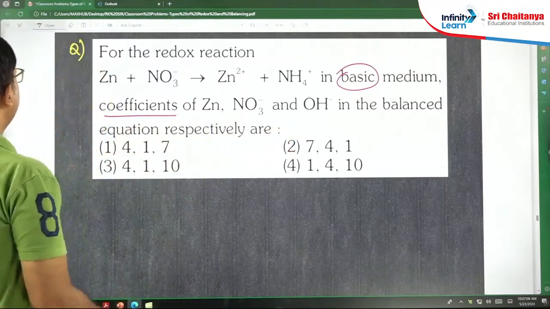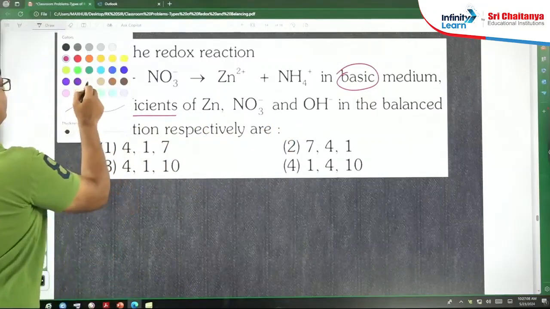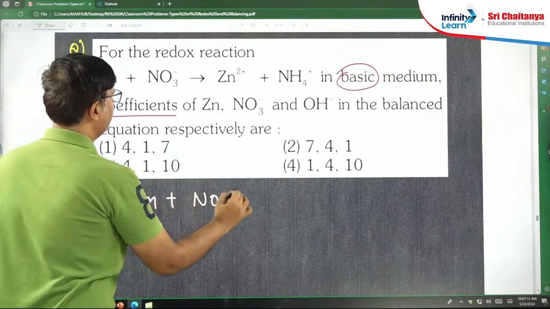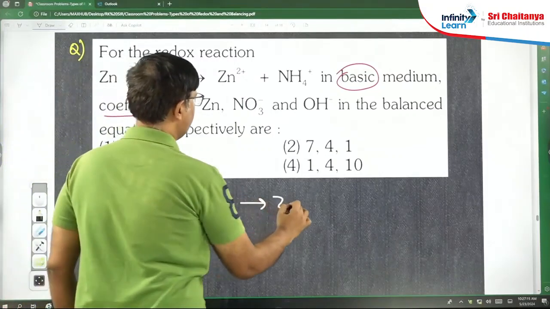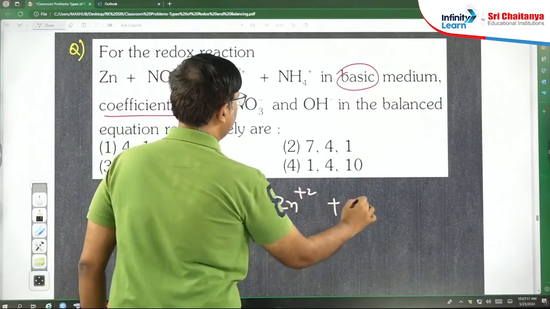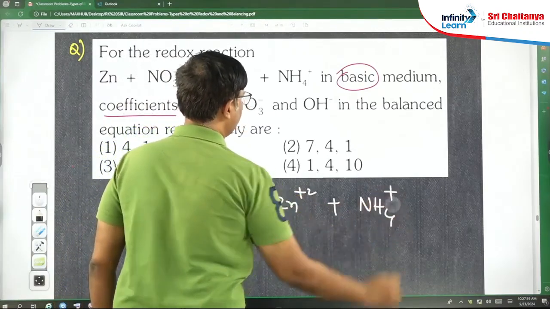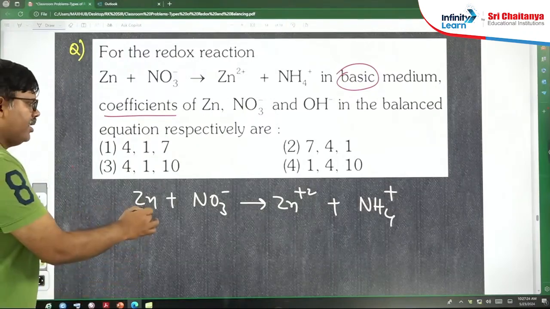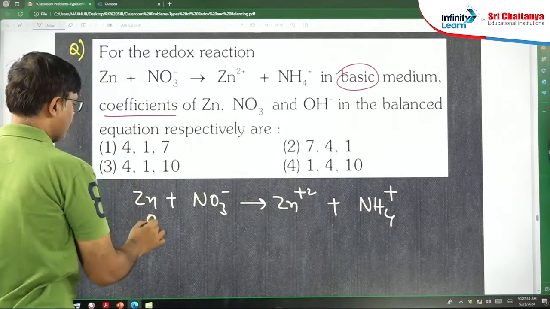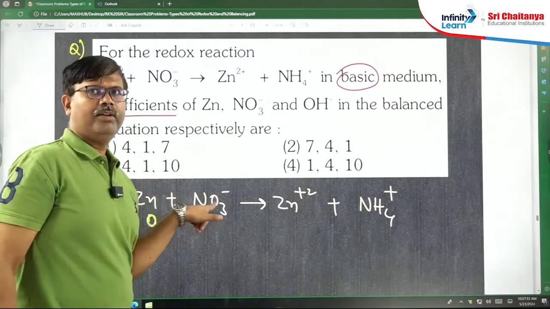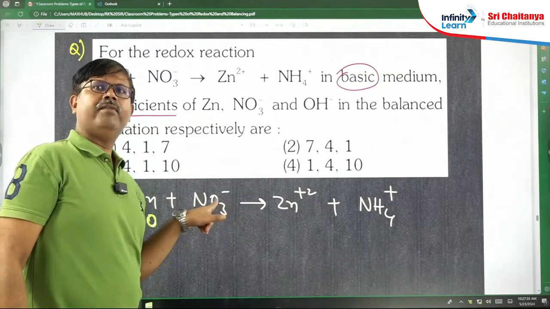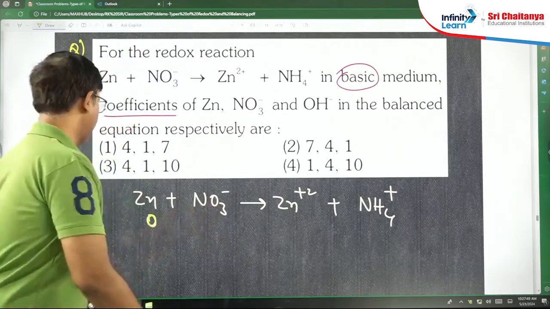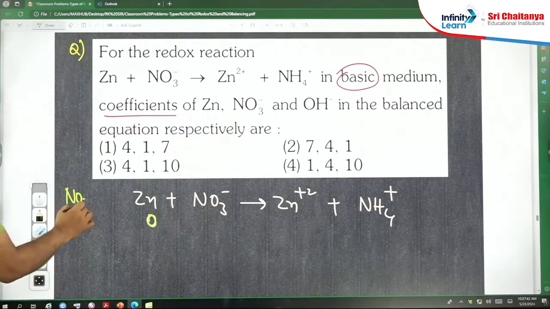Okay, now let's take Zn, NO3 minus, Zn plus 2, NH4 plus. Now, elementary state means oxidation state is 0. Zinc's oxidation state is 0. For nitrogen, take oxygen as minus 2 and find the nitrogen oxidation state by taking it as X. I will show you here, but the others you find out on your own.